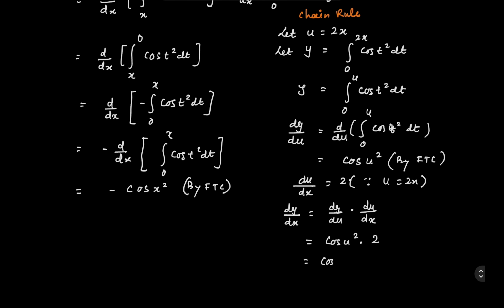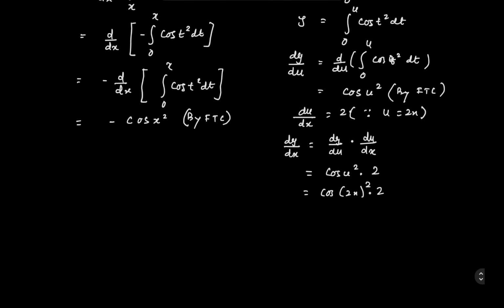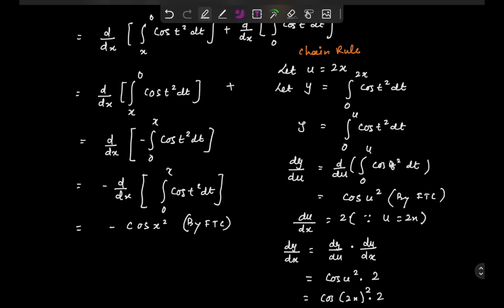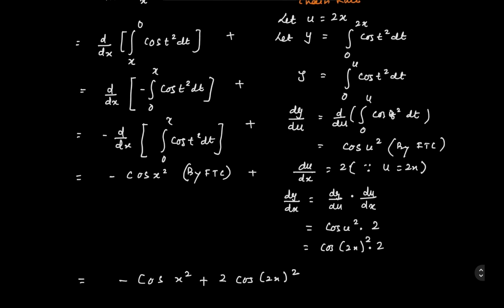So cos u square means cos of 2x whole square, into 2. So now you'll add both: cos x square plus 2 cos 2x whole square. So I can put the plus sign here. So this is the final answer for this question.